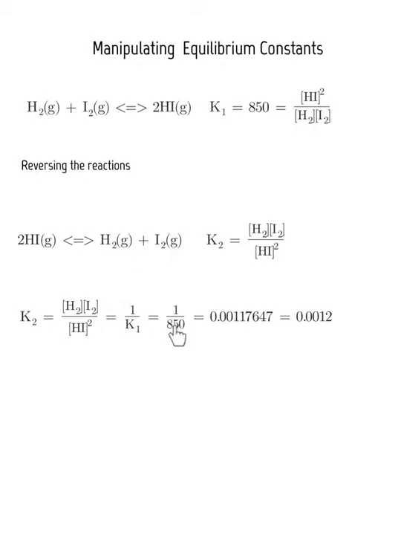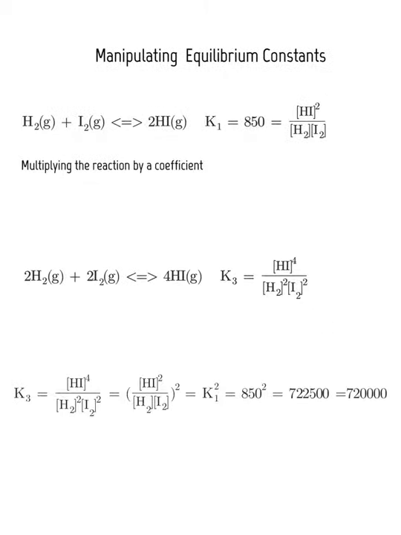Now if you remember, our K1 is 850, so 1 divided by 850 would give us this number right here. 850 has got two significant figures, so if we round this number to two significant figures, we would get 0.012.